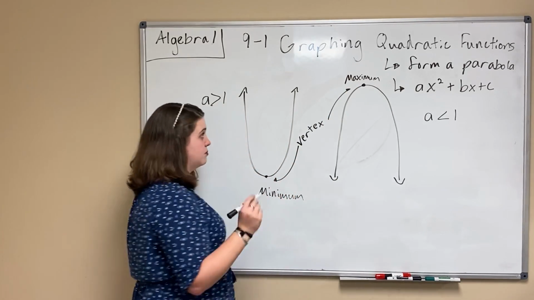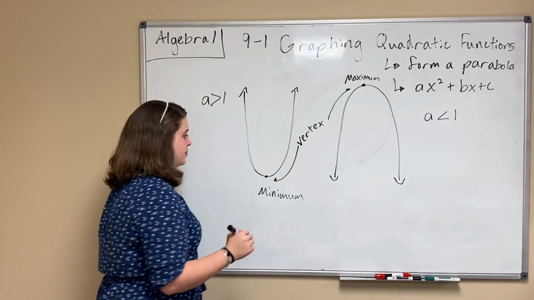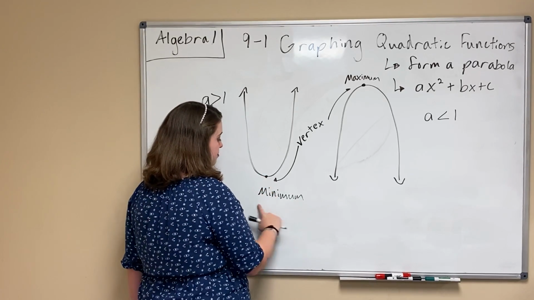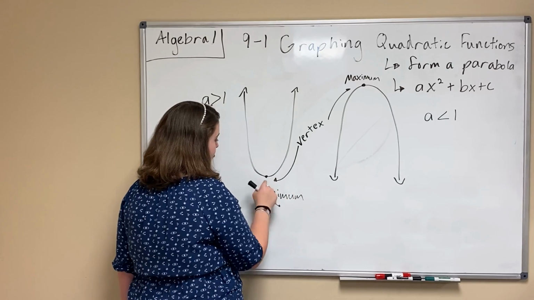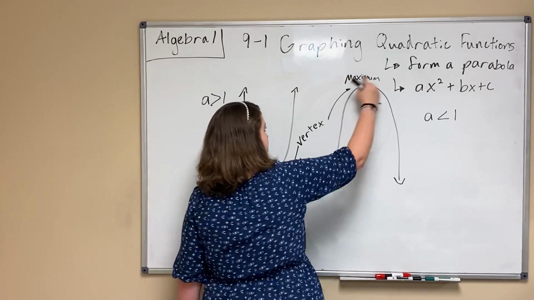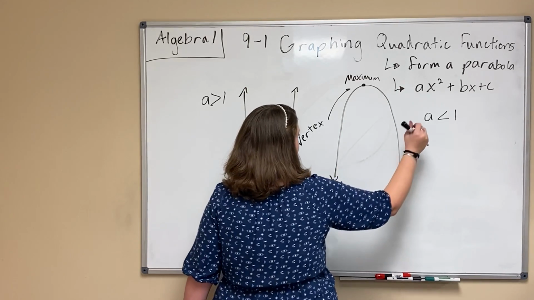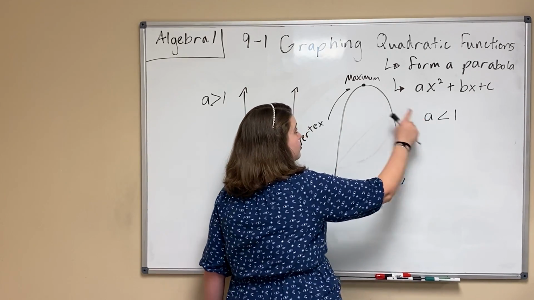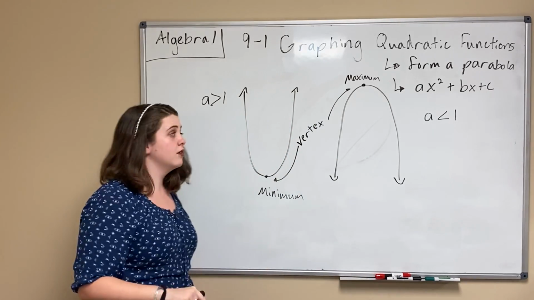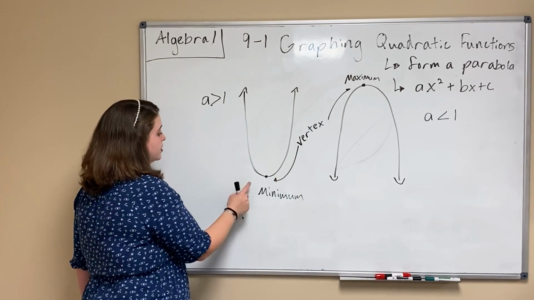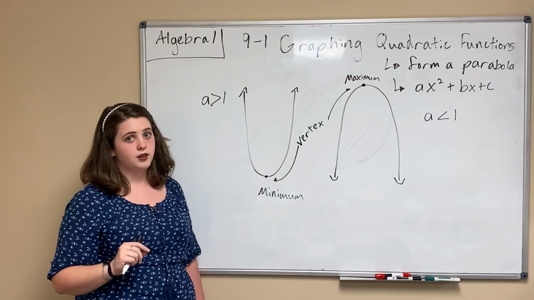How you tell if it's a minimum or a maximum is just, is it at the bottom? Is it the minimum value, the lowest value of our parabola? Or is it the maximum, the highest value of our parabola? When a is less than 1, it will always be a maximum that you're looking for. When a is greater than 1, it'll always be a minimum that you're looking for.